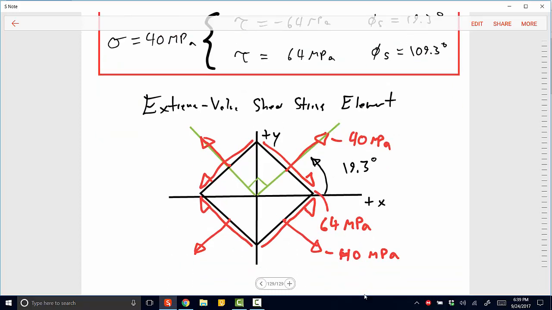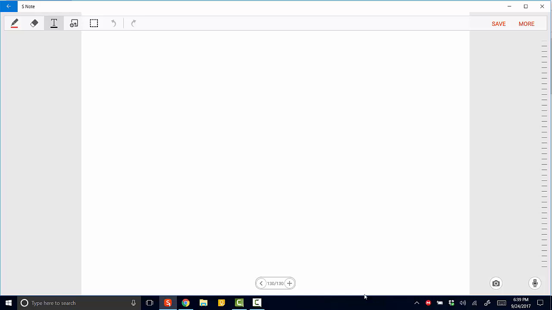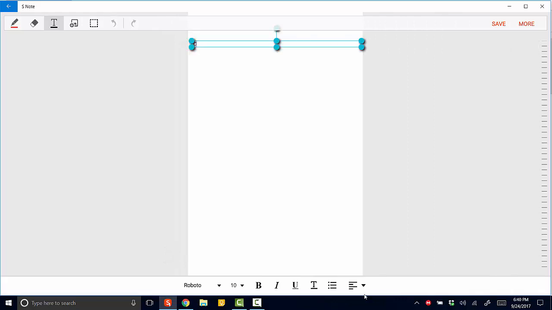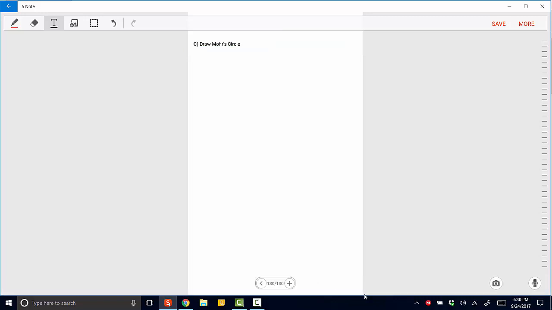Okay. So now there's one more part to this problem. And this part is going to take a bit of time for us to build out. And that is, part C, to draw Mohr's circle for this problem.